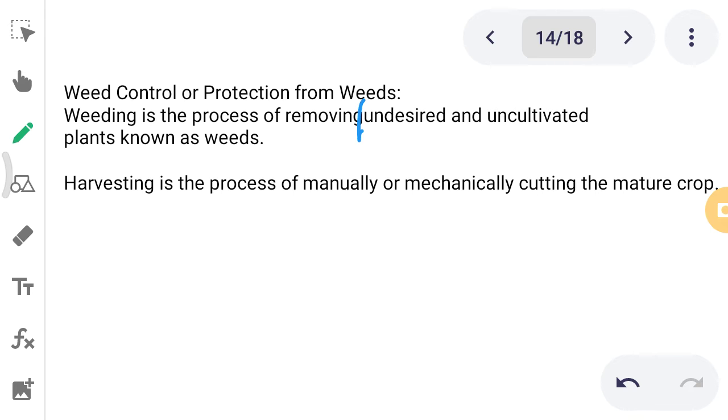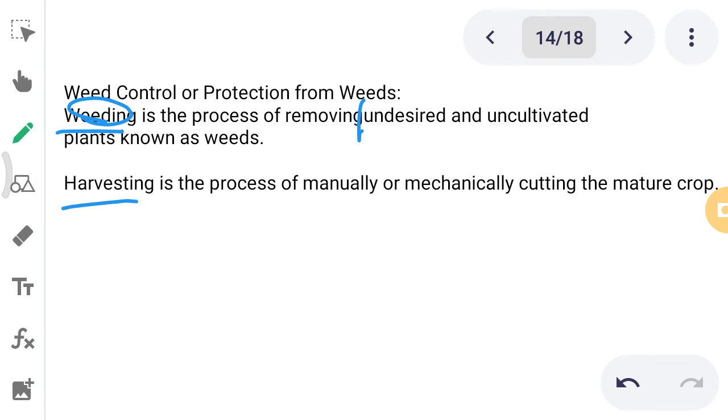So we did not plant them actually, but due to various circumstances, some of the seeds may have fallen accidentally onto the soil and they may have grown due to the availability of sunlight, water, nutrients, and every favorable condition. But these weeds put a tough competition for the crops which we have planted. So in order to maintain a healthy crop, we need to remove these weeds.